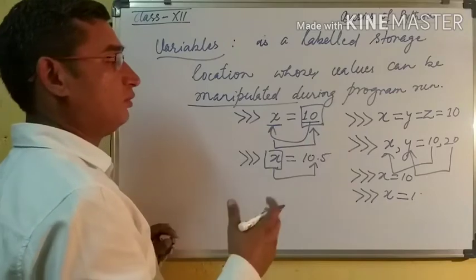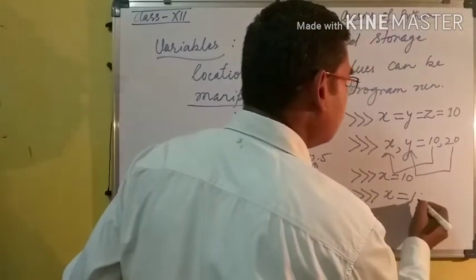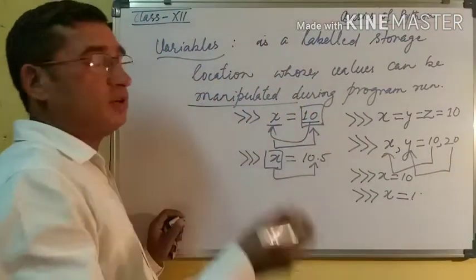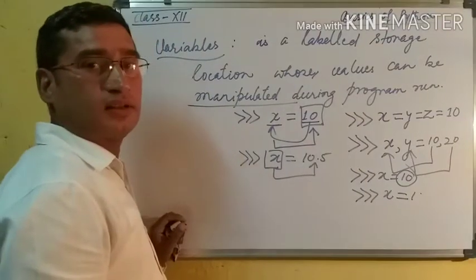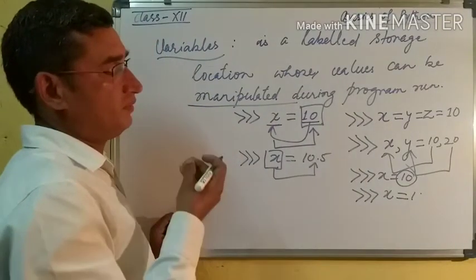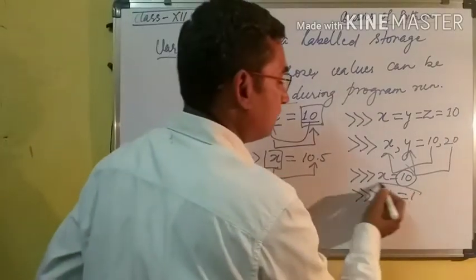Manipulate means if you want to make the square of this number, that is 10 into 10, or the cube if you want, or to check whether this number is a prime number or not. If it is a variable, you can manipulate it and change the value.